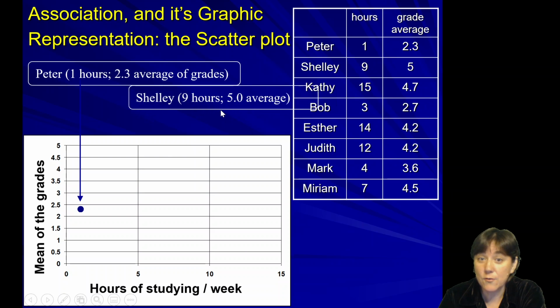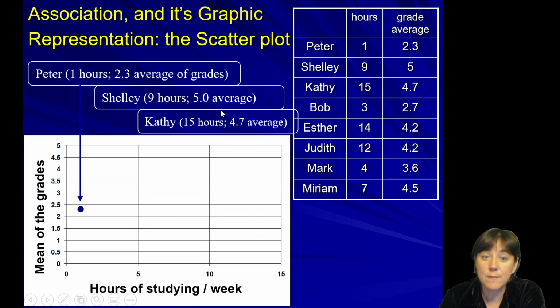On the contrary, for example, Shelley studied 9 hours per week and she got a 5. But Kathy studied even more. How come she got a little bit less, not a 5.0 on average? Well, this happens. This is the non-deterministic feature of this relationship, and you can see the scatter.